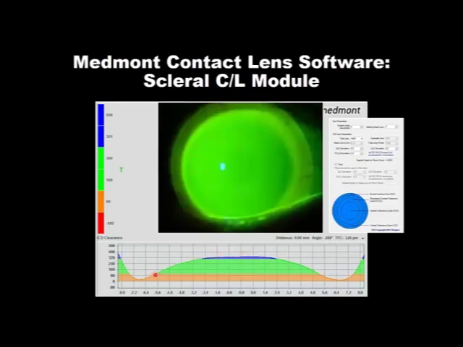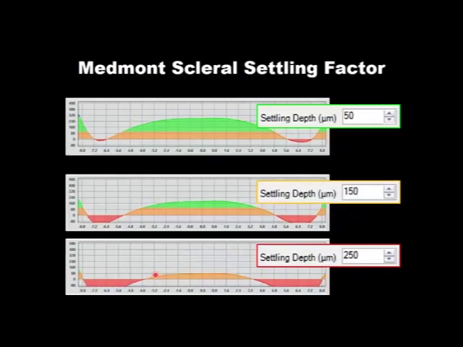Now, this is very important because it helps us to optimize our final custom order. It helps us to choose the initial trial lens as a starting point. So there's many valuable things that this contact lens module provides us.